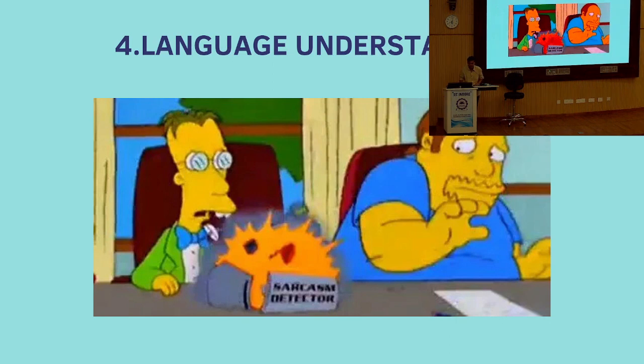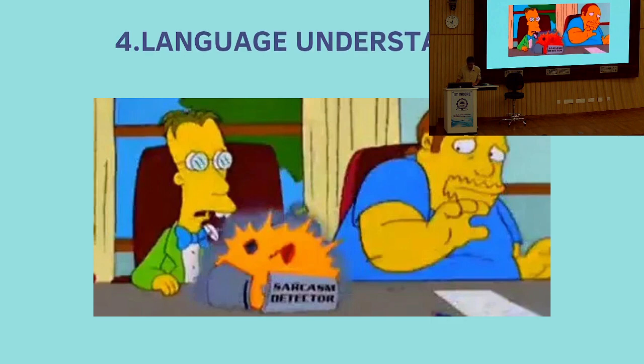We all know that conversational AI has made a lot of progress in the domain of NLP, but it still struggles to understand some complex language like sarcasm and humor. There do exist some models which can detect sarcasm really well, but yeah, this limitation still exists. Okay, moving on.